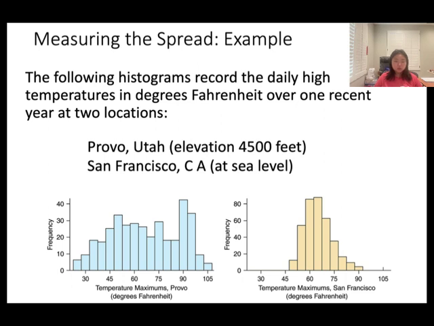From these two distributions, you could tell the variability of the temperature in Provo is much greater than the temperature in San Francisco, because you could see all the data is spread out. However, for San Francisco, the temperatures are really close to each other. Okay, let's compare these two distributions.